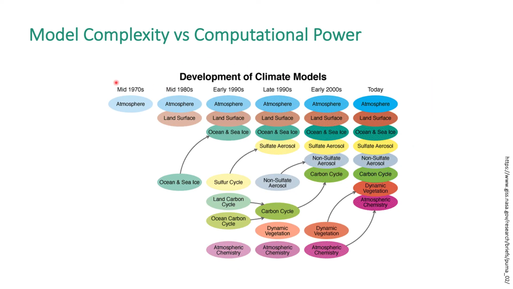If you look at the evolution of climate models in time, in the 1970s these models were very simple. They were getting just the atmospheric part of the climate system. In the 80s, we added land surface phenomena. And now in 2020, we can simulate a lot of information in the climate system in a GCM, with a higher resolution because our computational power is increasing with time.